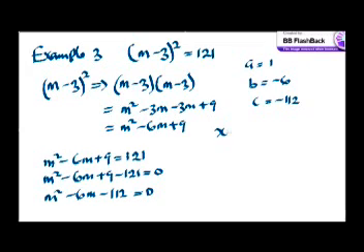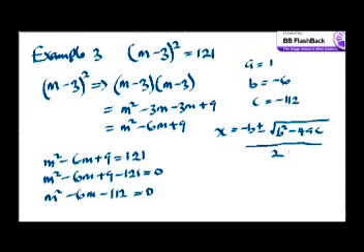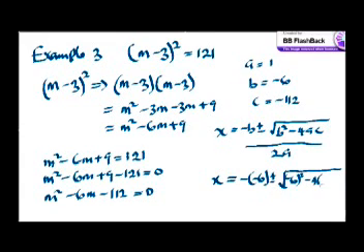Now again, if I put it in the formula, x is equal to minus b plus or minus square root of b squared minus 4ac all over 2a. I'm going to get x is equal to minus minus 6 plus or minus square root of minus 6 all squared minus 4 brackets a, which is 1, then minus 112.